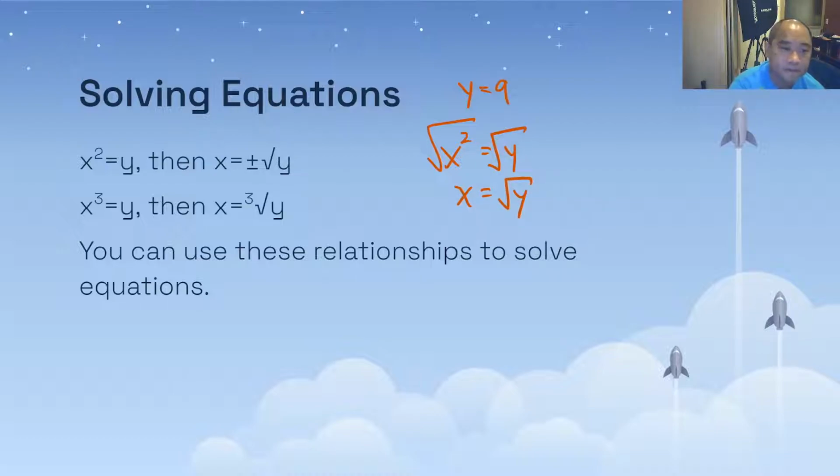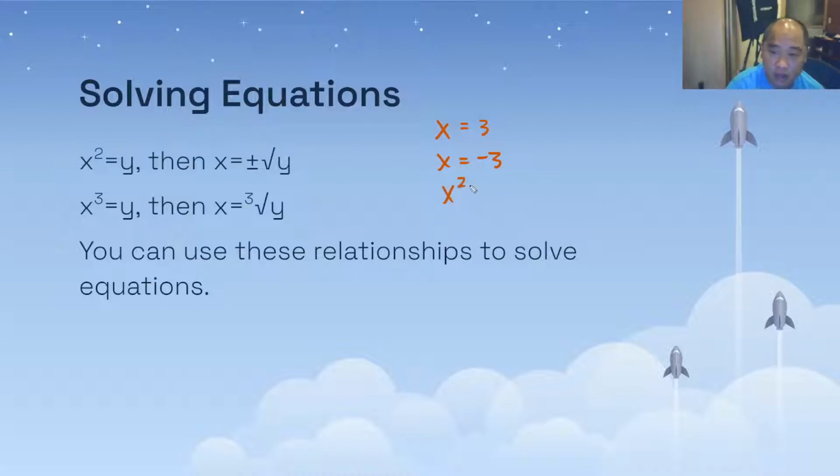Well, x could be 3, but x could also be negative 3, right? If x is 3 or negative 3, x squared, 3 times 3 is 9, negative 3 times negative 3 is still 9. Both the positive and the negative of x will give you a y of 9.